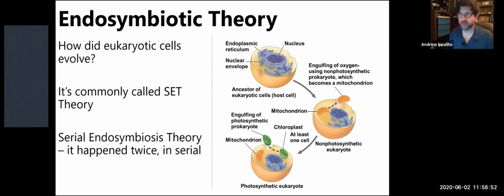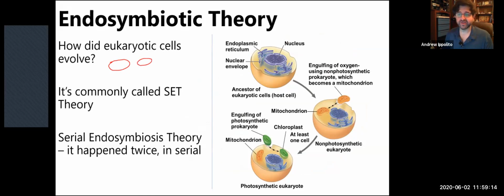Now, here's an amazing story, and I'll try to keep this very brief. Prokaryotic cells eat other prokaryotic cells. You guys remember endocytosis, right? So here's a cell and here's a cell.